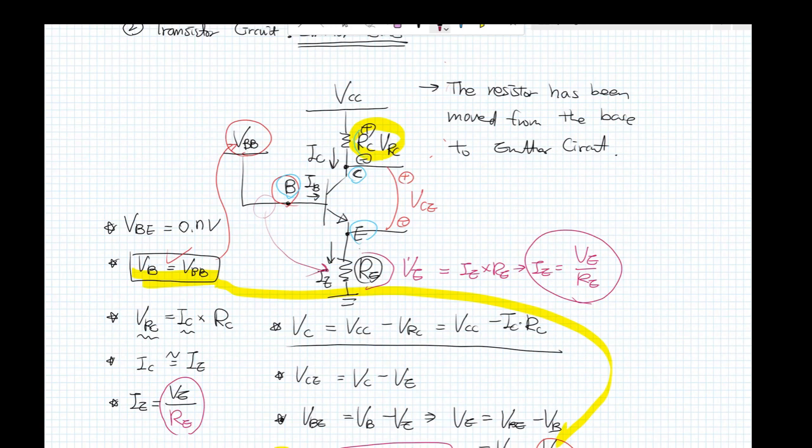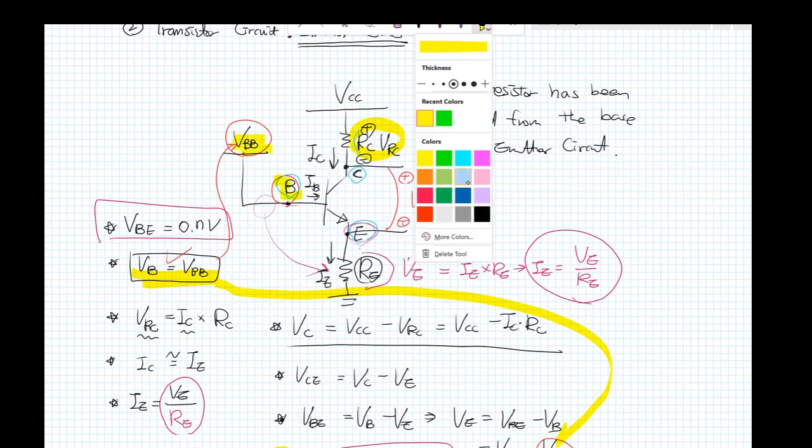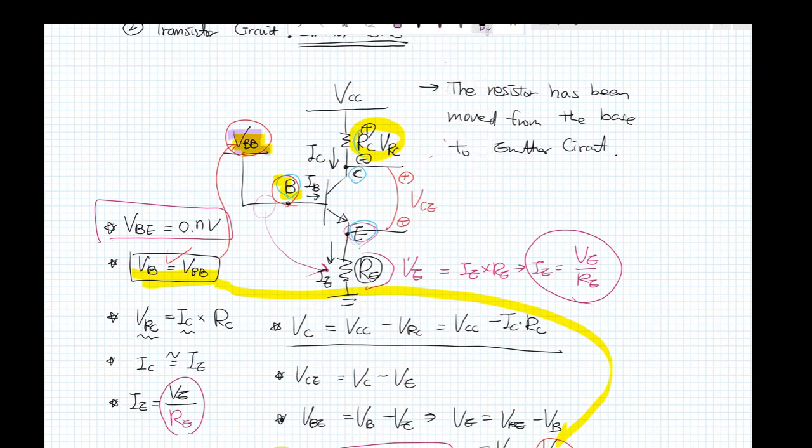So they add an emitter resistor between the ground and the emitter side. For this case, definitely V sub BE is the same, 0.7 volt, and V sub B is equal to, what? Same as the V sub BB, right there.